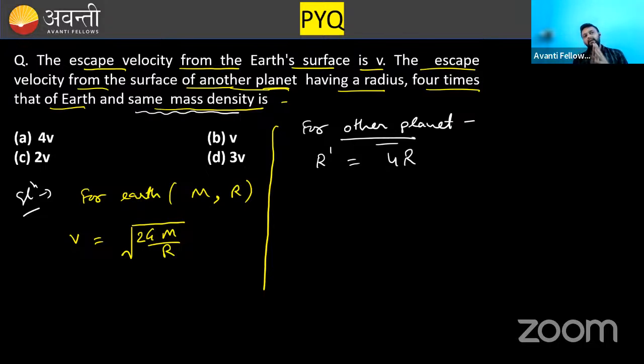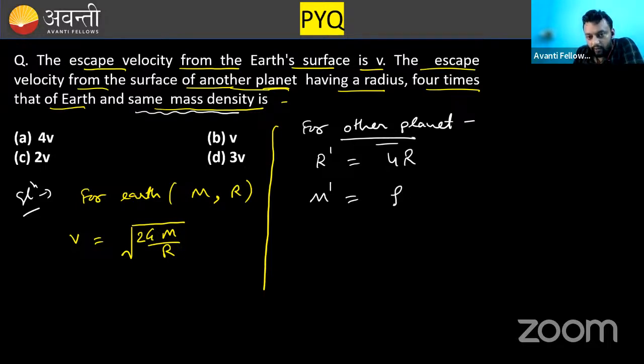Now the size of the other planet is larger than Earth, so can you see that its mass will also be more, because density is the same? So its new mass, m dash, will be more than the Earth's mass.